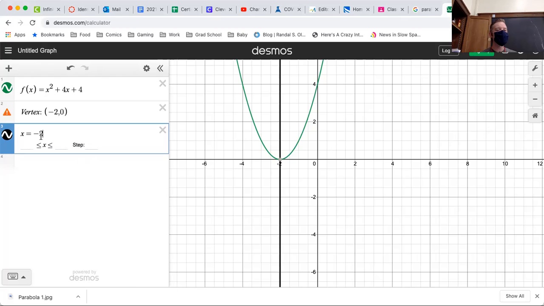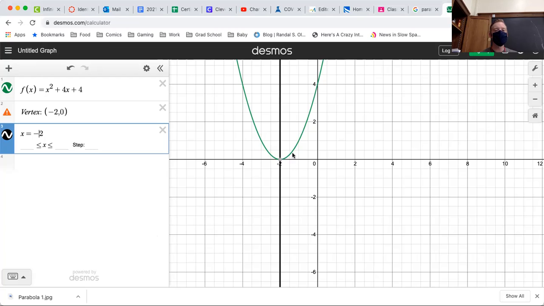If for some reason you type things in incorrectly, let's say you wrote +2 instead of -2, and you end up with a line that is not in the middle of our graph, you know that that is not correct. We need to have this line right through the vertex, right through the middle of our graph. So make sure that it ends up right there. So our axis of symmetry will be x equals -2 in this case. We always just take the x value from the vertex for that axis of symmetry.